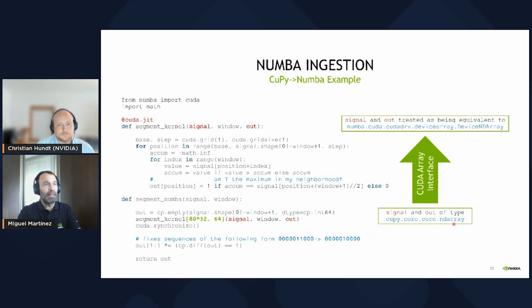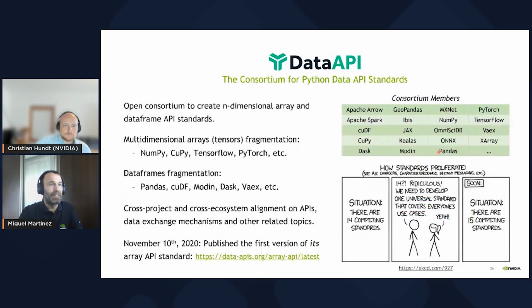So we just take this input value and pass it as a parameter to the kernel that expected a device array. But because CuPy and Numba both implement under the hood the CUDA array interface, I can just pass this object safely to the library, and it is understood. So zero copy again. Very interesting thing.